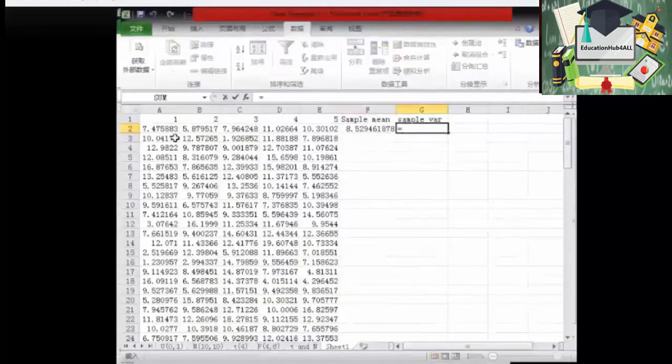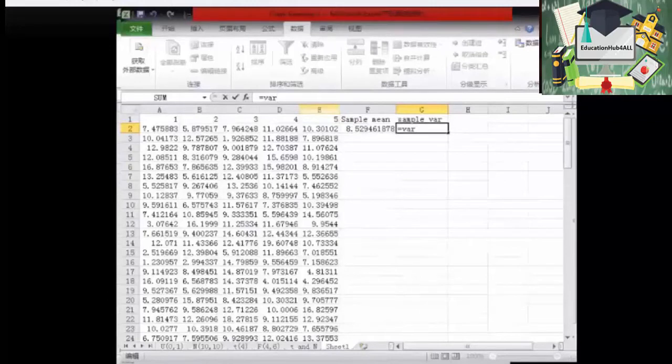So the sample variance, you just use VAR. As you can see, there are 2 that come out. Oh, no, not 2. It's many actually. The first 2 and the last 2 are actually the same, just for different versions of Excel.